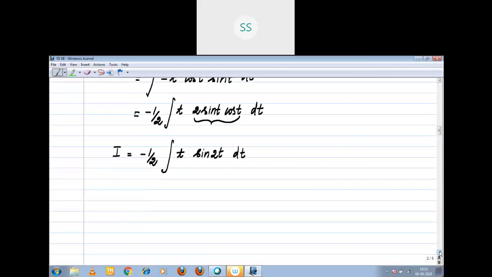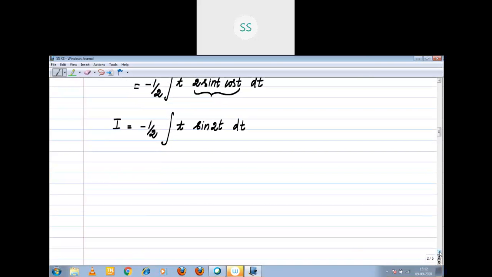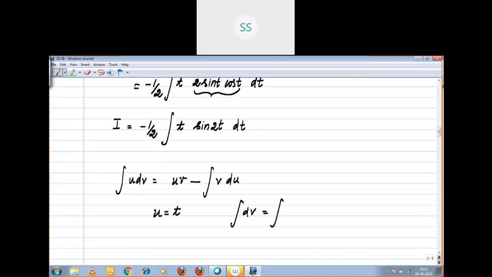When the functions come as a product, you can use integration by parts: integral u dv equal to uv minus integral v du. Now this is your u, this is your dv, algebra and then trigonometry. u equal to t, and the rest comes under dv, sin 2t dt.